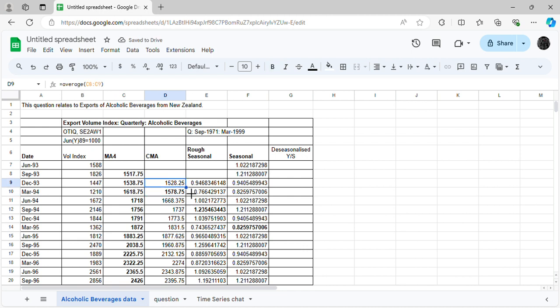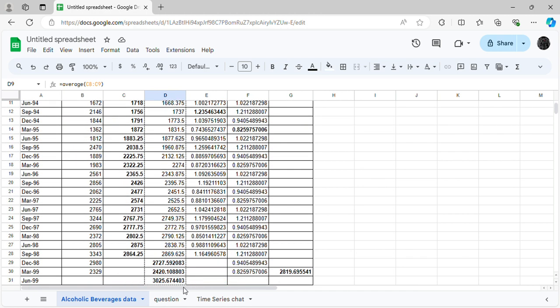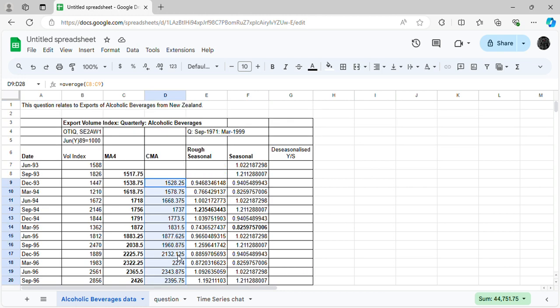And we copy that to the rest of the cells. So these are the values for up to September 1998.